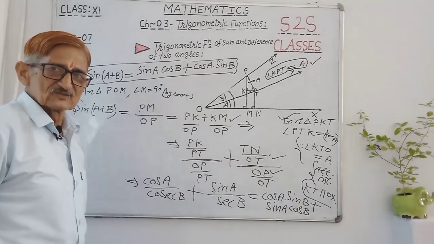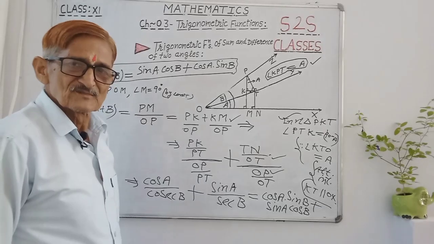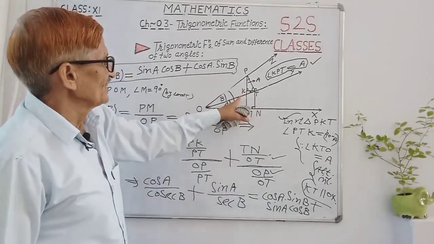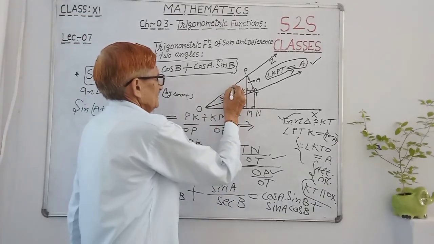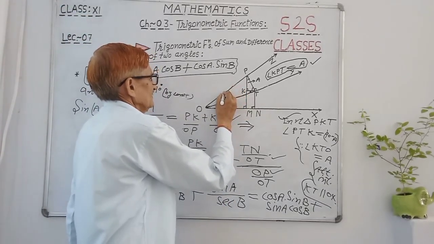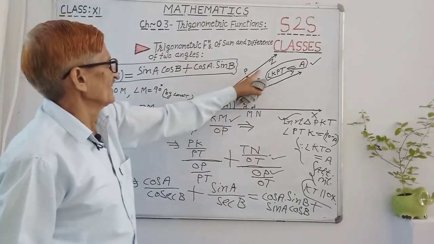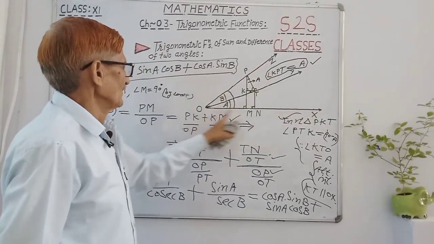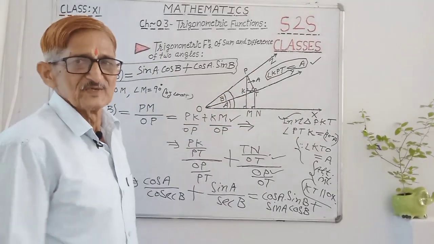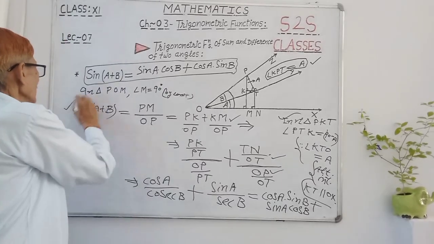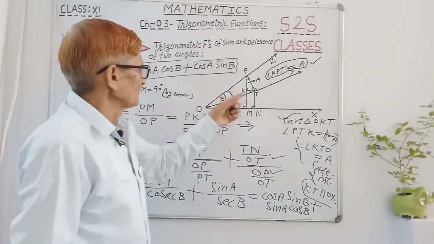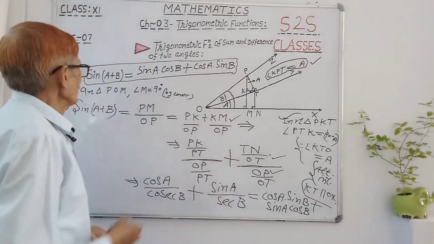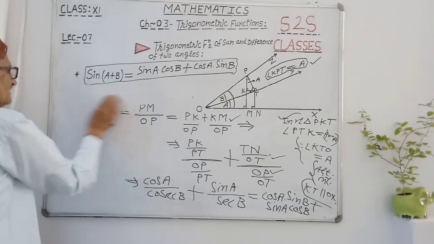Similarly, we can take cos of A plus B also. The figure will be the same. In the same figure, A plus B means angle POX or ZOX. So take cos of A plus B in the same figure, as here we took sin of A plus B. After that we can prove tan of A plus B also.